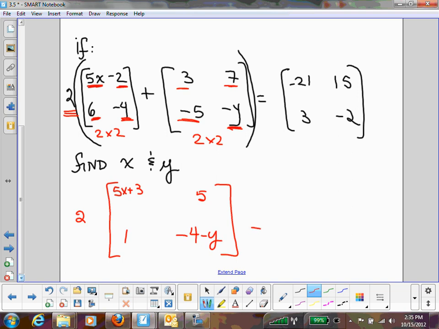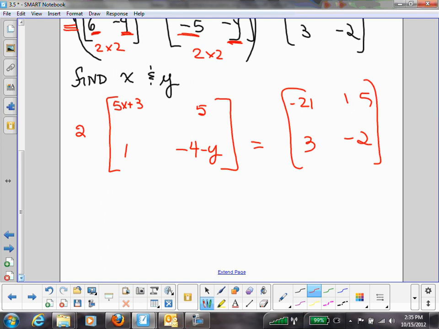Now, all of this is supposed to equal negative 21, 15, 3, and negative 2, which happens to be what dimension? The answer matrix is what? 2 by 2. And this one is still what? 2 by 2 also. Okay? Now this 2 takes this value and multiplies it by every single term in here.